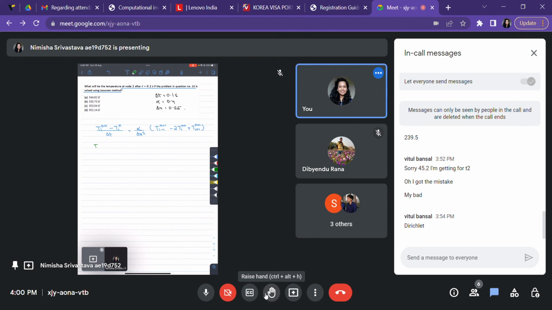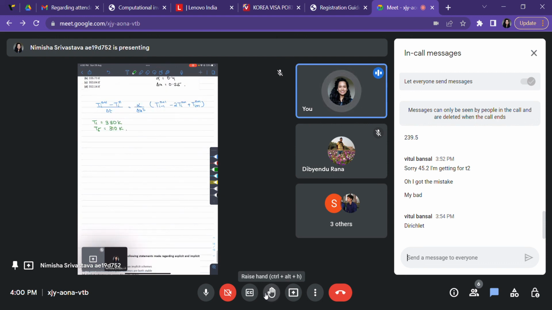That is T1 not, T1 equals 380 Kelvin, T5 equals 310 Kelvin, and T2 not equals T3 not equals T4 not equals 330.